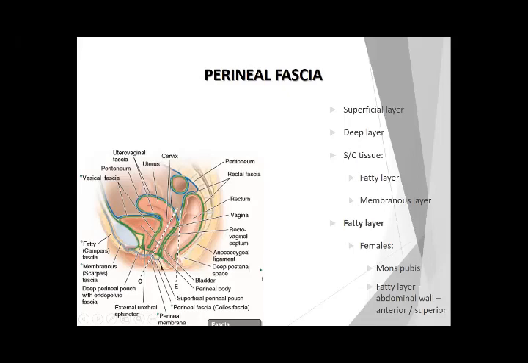From the perineum, please trace this yellow. This is the fatty layer. It goes to the front of the pubic symphysis, which is the mons pubis, and then is continuous with the fatty layer of the anterior abdominal wall. Superiorly, it becomes continuous with the fatty layer of the anterior abdominal wall.